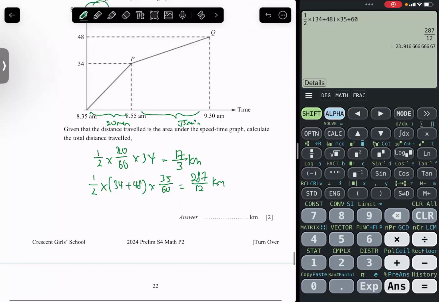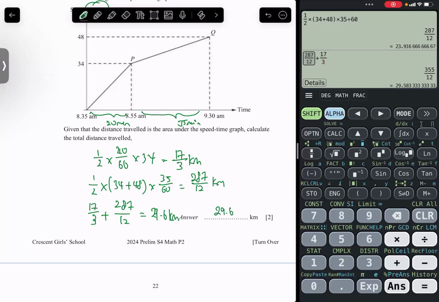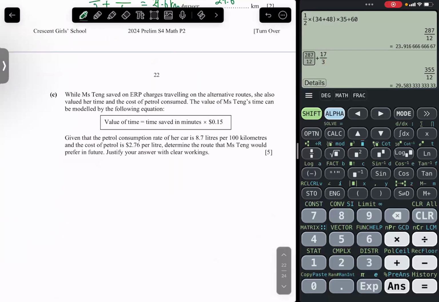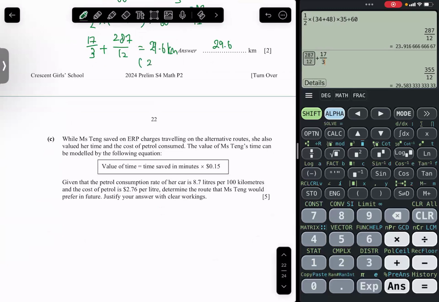So add them all up, 17 over 3 plus 287 over 12, which is 29.6 kilometers to 3SF. Now let's write down the 5SF value as well, 29.583.